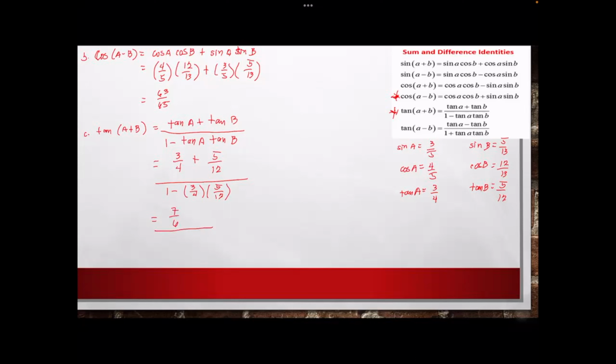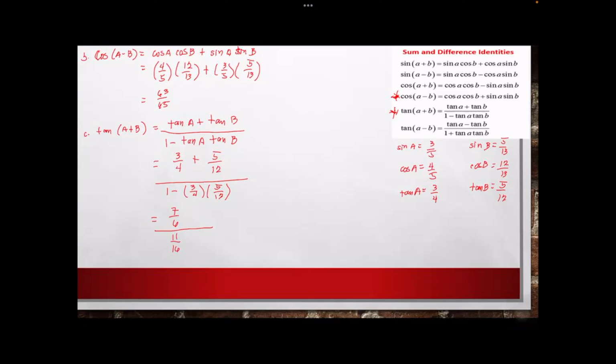All over, simplify natin yung 1 minus 3 over 4 multiplied by 5 over 12. What will be? 11 over 16 po. Okay, this will be 11 over 16.